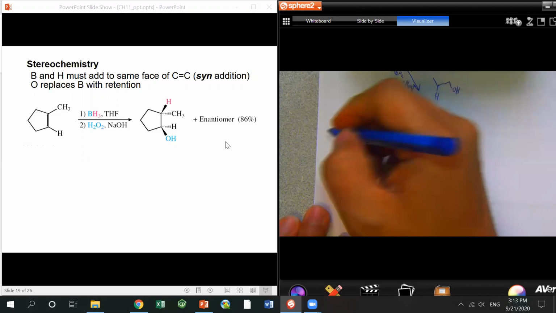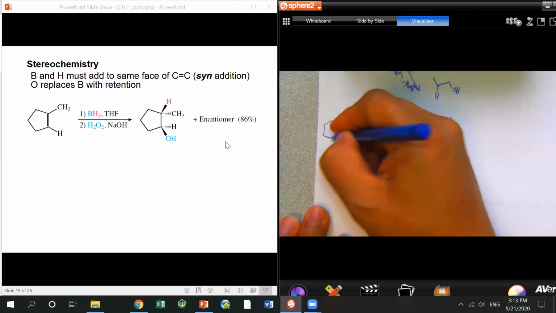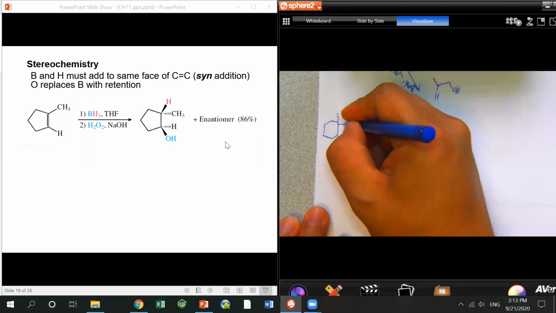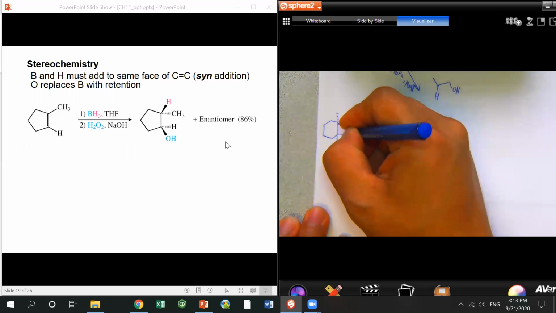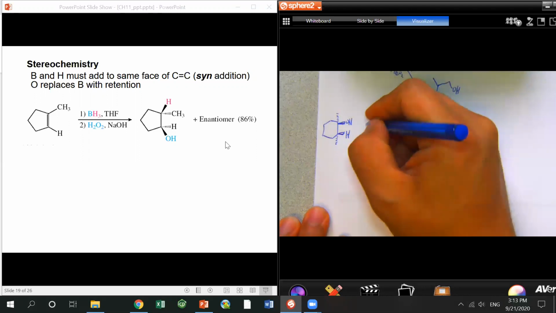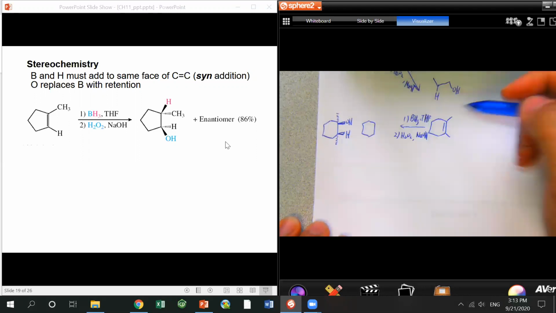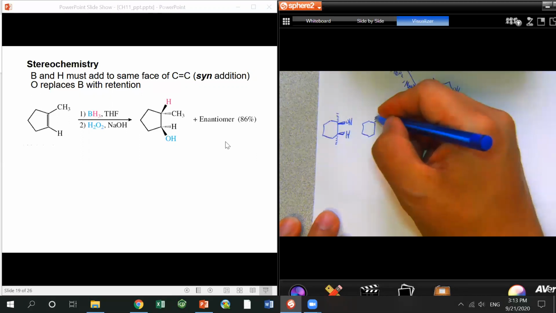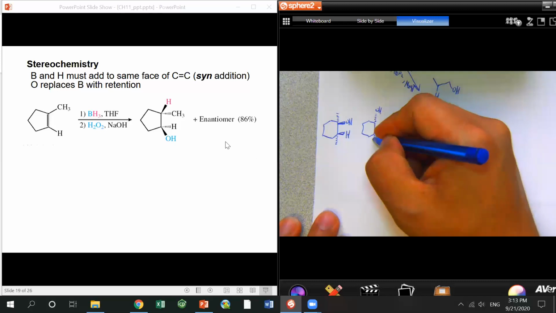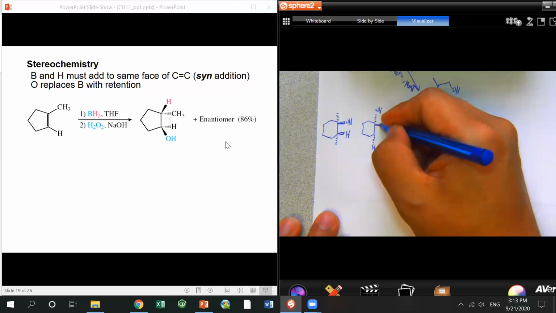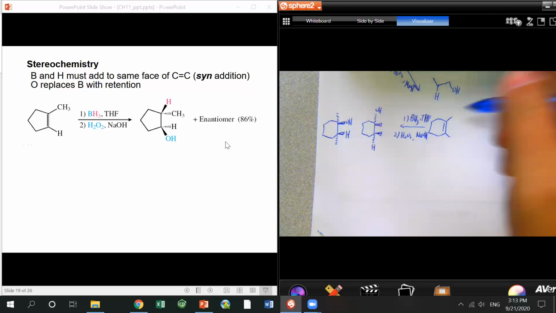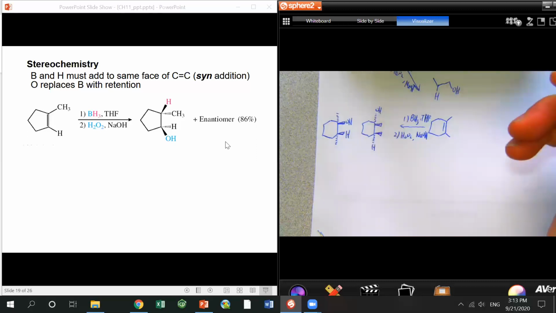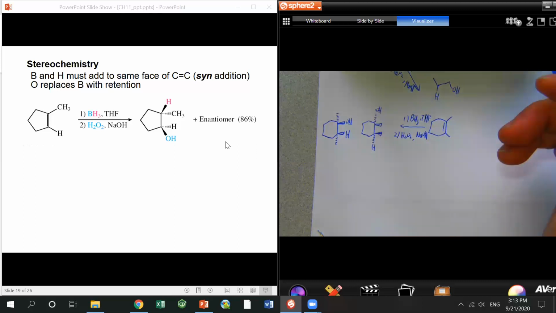In this case, you generate a pair of enantiomers. This one has OH and hydrogen added from the top, and you can also add from the bottom. The relationship between these two is a pair of enantiomers: mirror images that cannot overlap each other.